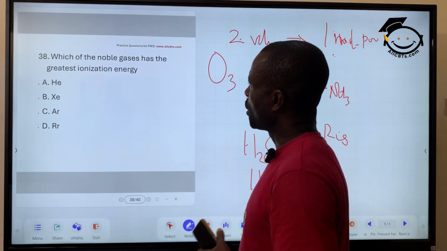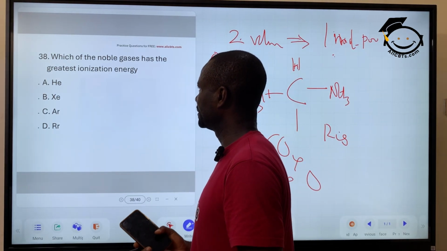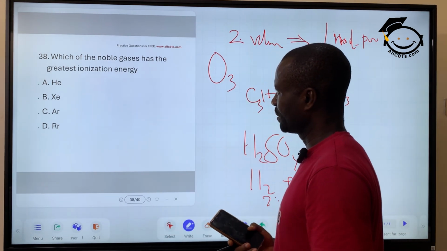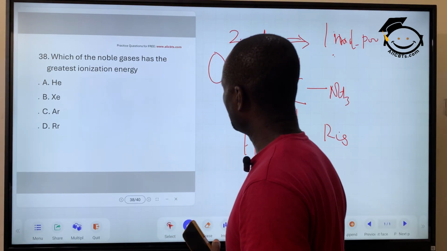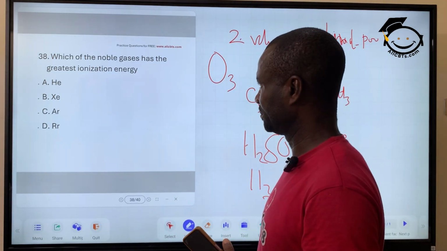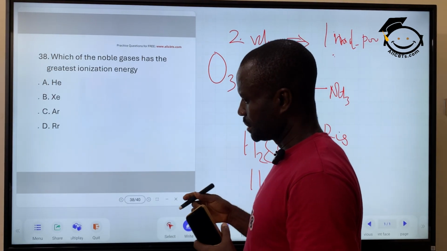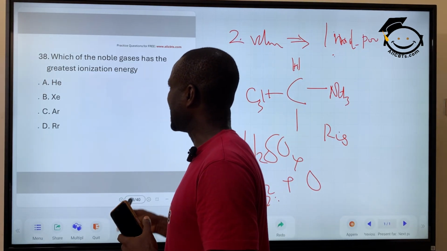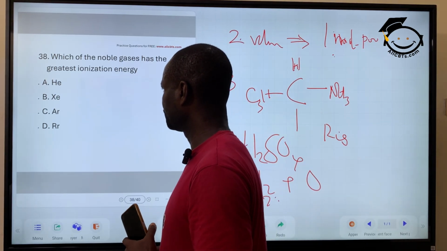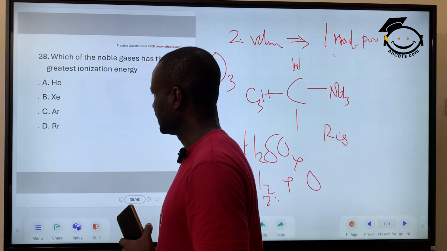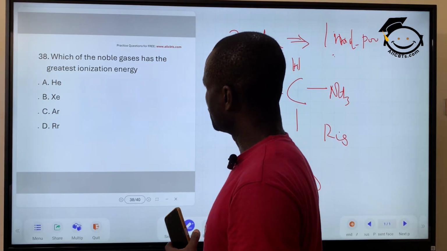Next number. Which of the noble gases has the greatest ionization energy? Ionization energy is the ability of an element to release an electron, the rate at which an element can easily donate an electron. The options are He, that is helium, Xe, argon, and radon.